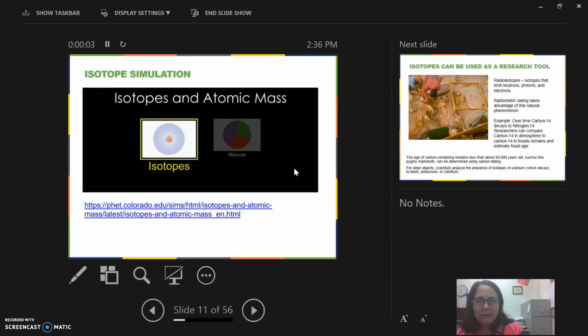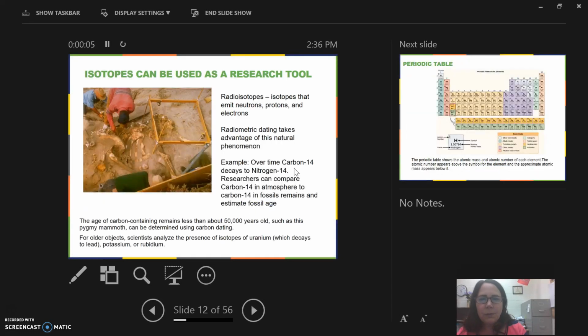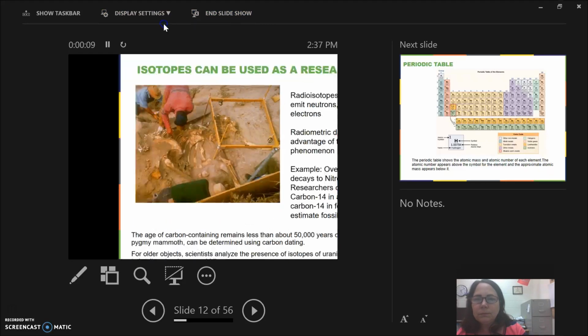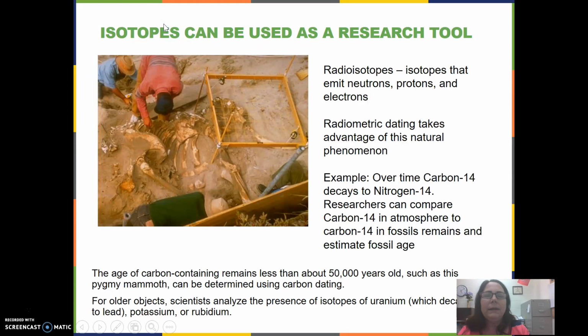This is slide 11. So we're going to move on to slide 12. But you can go to slide 11 if you would like, and just jot that down if you want to, and watch the video clip on isotopes.